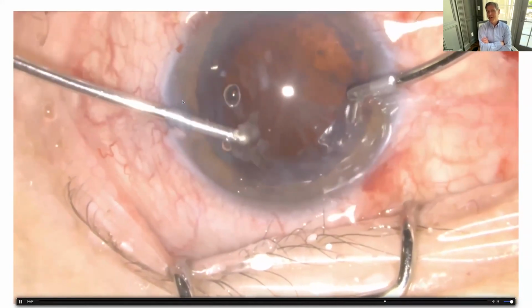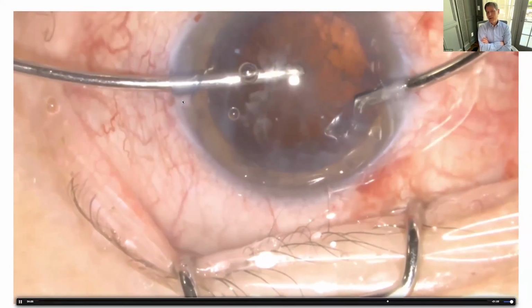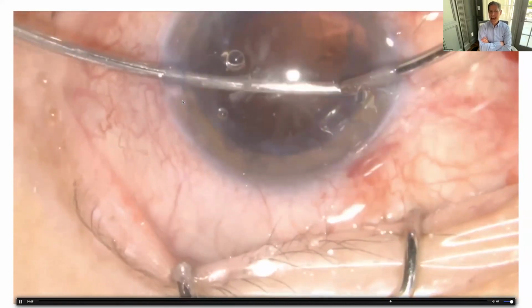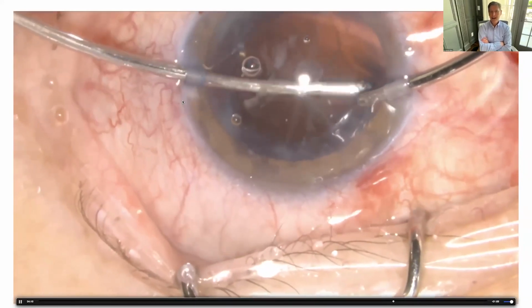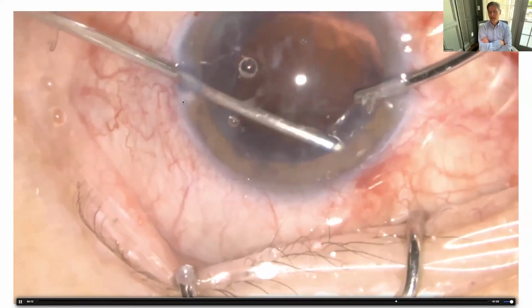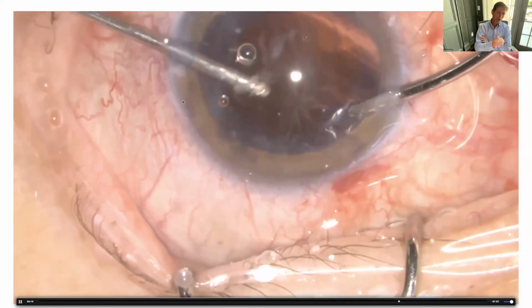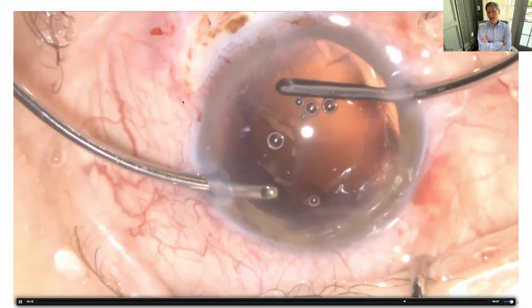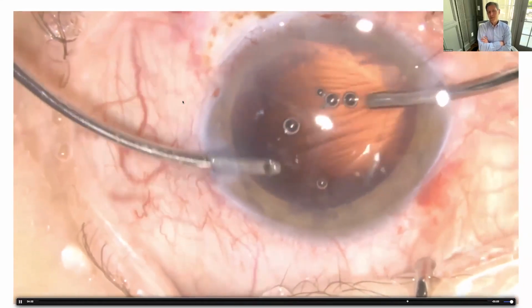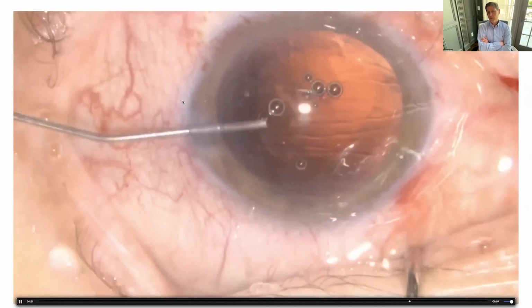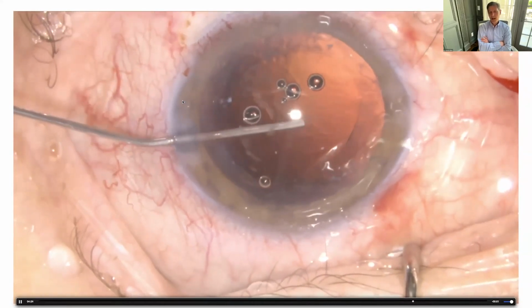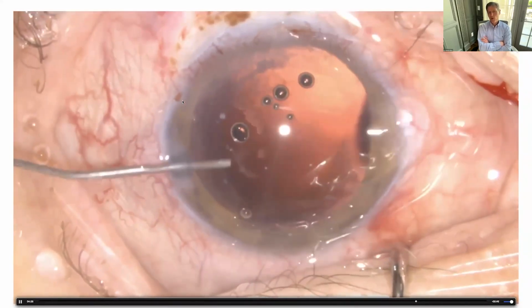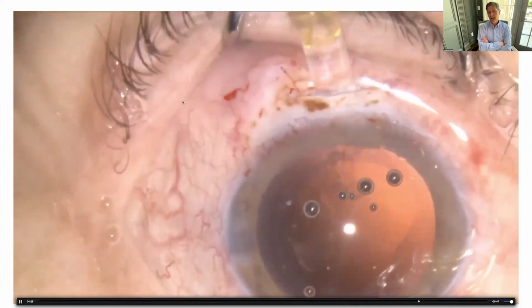SICS has the advantage of an astigmatic incision because we're working posteriorly to the cornea. Basically, the induction of astigmatism is comparable to a 2.2 or 2.6 millimeter corneal incision.